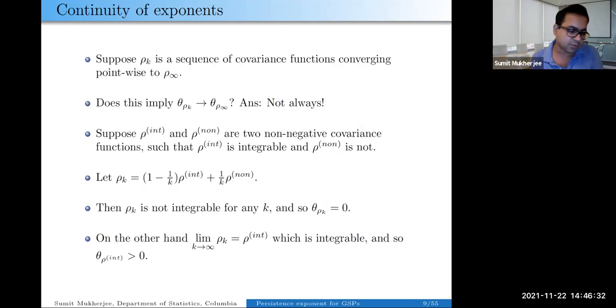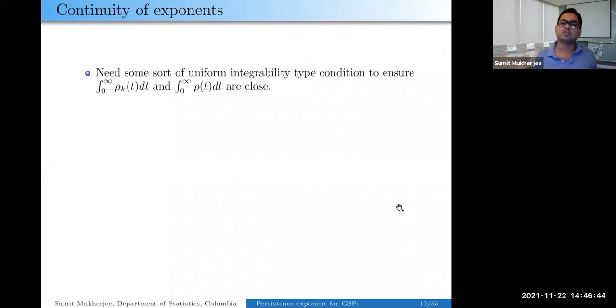But this also gives you an insight into what type of assumptions one should put if you want the exponents to converge. Essentially, you want to say, maybe the correlations converge pointwise, but maybe there's some sort of uniform integrability condition which says that if one is finite, the other one is as well, and if one's infinite, the other one is as well.